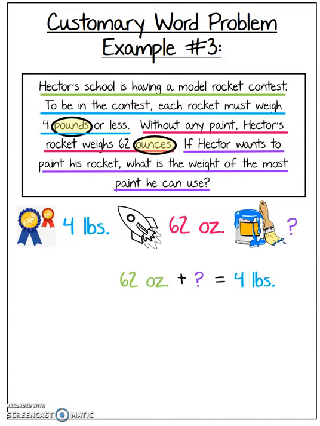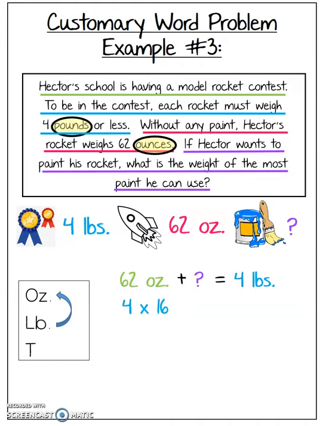Now I need to convert between ounces and pounds. Just like the last example, I need to choose one of these two to convert. I'm going to change the 4 pounds into ounces. So I'll move up my list, and since I know that there are 16 ounces in a pound, I'll multiply my 4 pounds by 16 to get a total of 64 ounces.